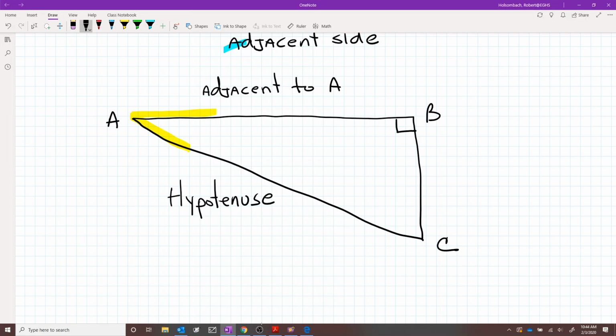So the leg of the triangle that's next to the angle is adjacent to it, which makes side BC opposite of angle A. So in relation to angle A, you've got a hypotenuse, an opposite side, and an adjacent side. Is everybody clear on those three sides in relation to angle A?